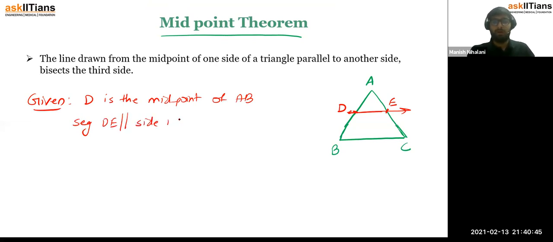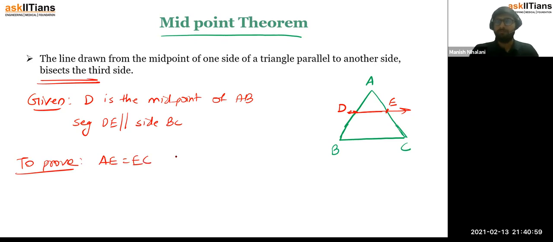So we have talked about two sides now, AB and BC. What does it say? It bisects the third side, which means we have to prove that AE is equal to EC, or that E is the midpoint of AC.